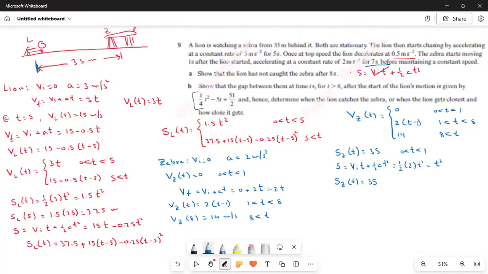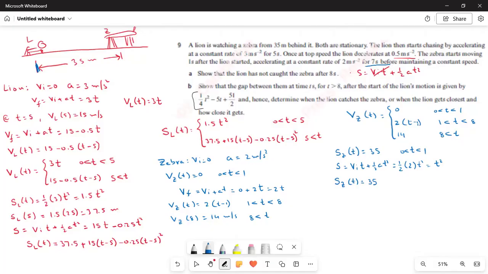Let me make sure what I'm doing is correct. Distance of zebra, at the time, everything is correct.